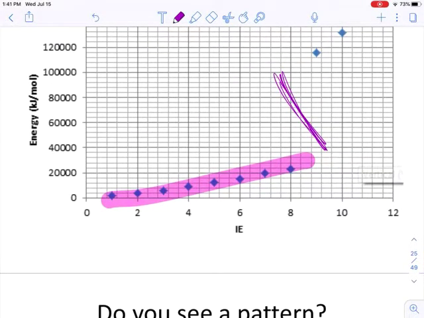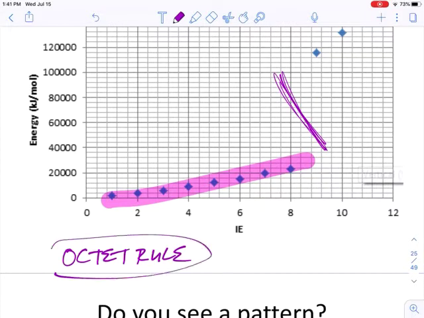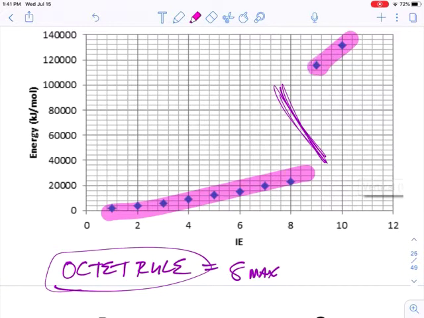Apparently at these early levels, the maximum you can get is 8, which is why we call this the octet rule. The octet rule says it is 8 maximum in a shell. It's not quite true because apparently in the first shell you can fit 2.